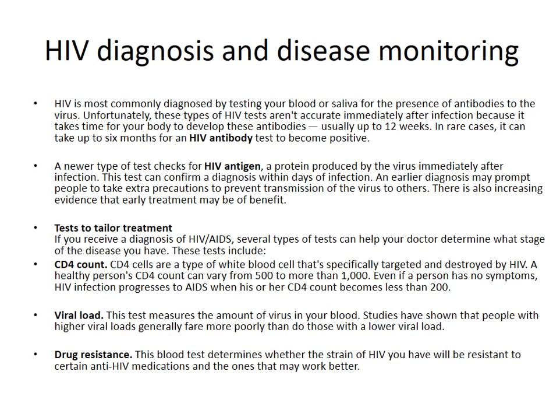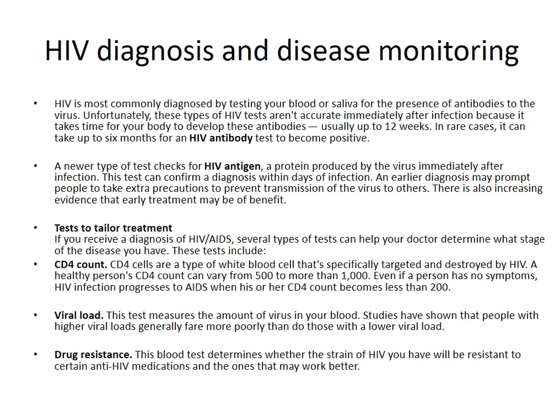If you're diagnosed with HIV or AIDS, several types of tests can help your doctor determine what stage of the disease you're at. One of these tests is a CD4 count, because of course HIV targets CD4 helper T cells and essentially results in a decrease in CD4 T cells.